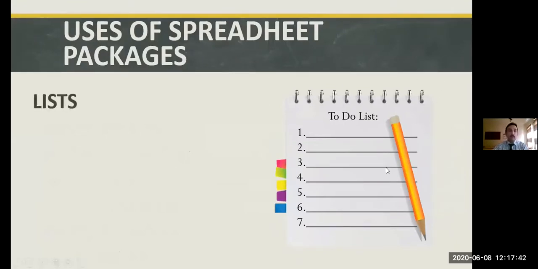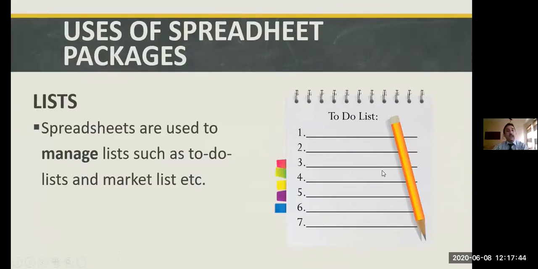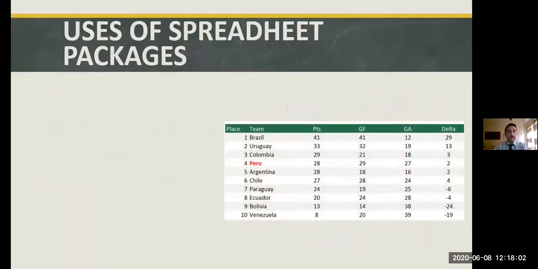Okay, we need to make our list, and we are using this list spreadsheet to manage lists, what you want to do, what you want to make and buy or sell or anything, to make lists. Okay. The other one is we said that some spreadsheet packets we are using for sport events.